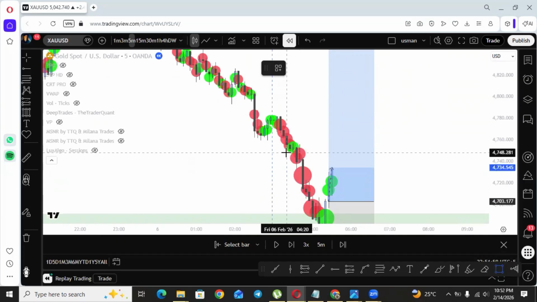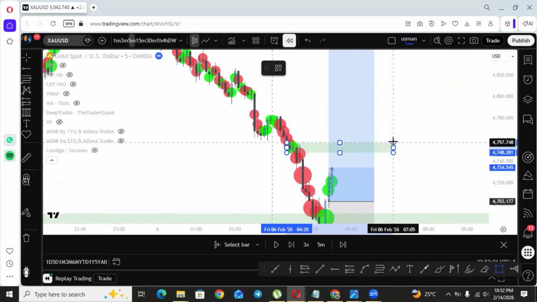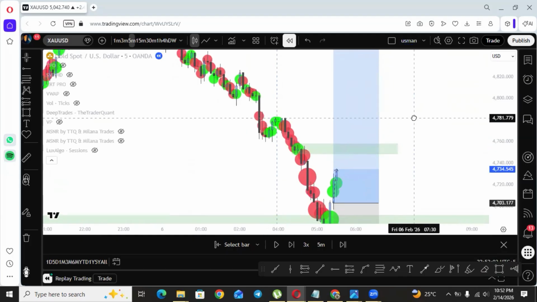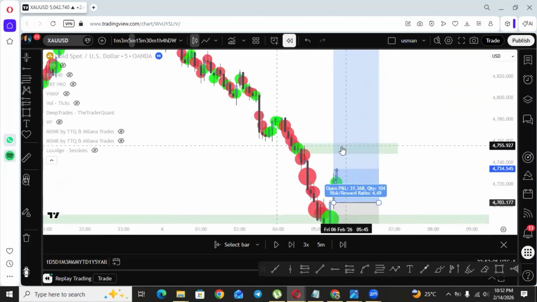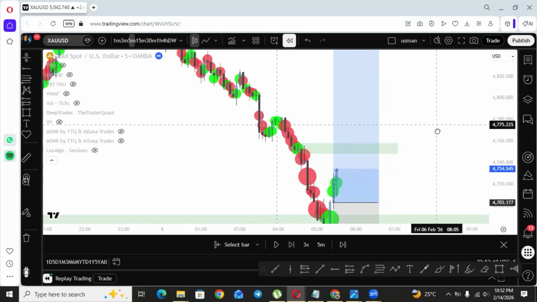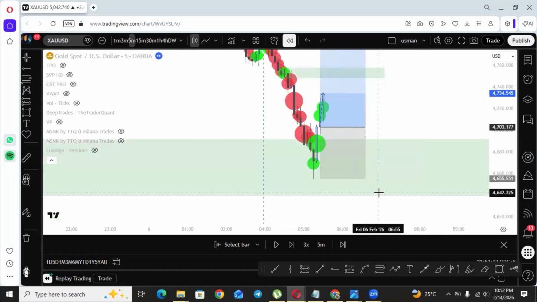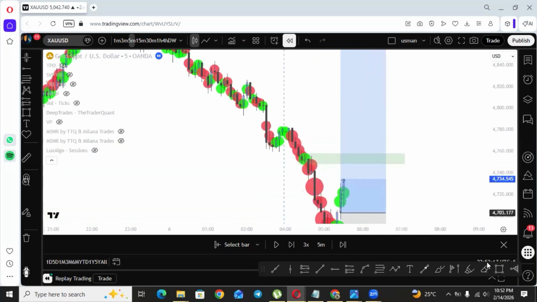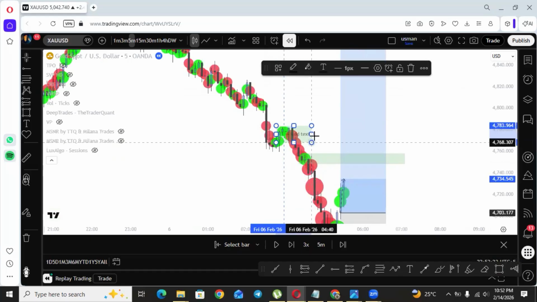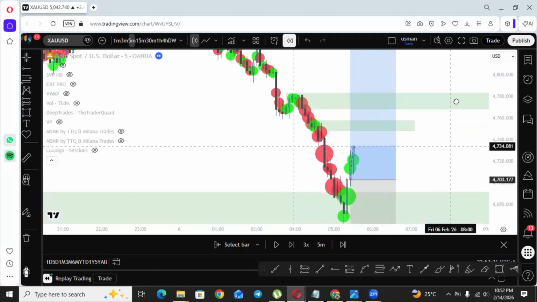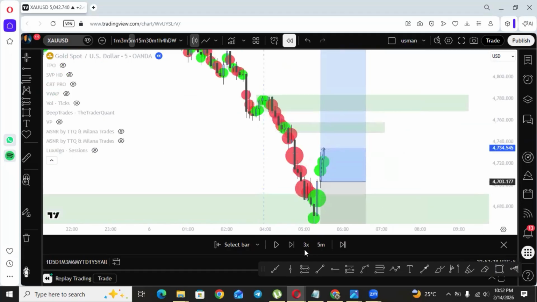These are the areas where we can expect sellers to put a hurdle for the buyers, stop them for a few minutes, or maybe completely retrace this move or absorb it again. And next, where do we have the hurdle? This is the hurdle area. So let's just play the chart and see what the market does at this point.